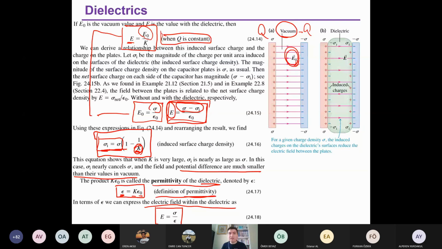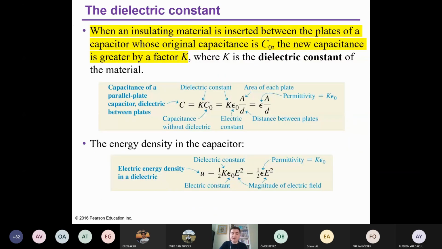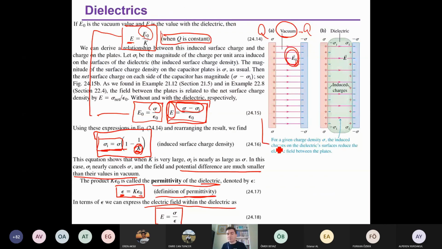Finally, what about the capacitance? Just consider that the capacitance of this capacitor is C0 when we have vacuum between the plates. When we insert a dielectric material, then the capacitance will be C like this. And what about the relation in between? We have this relation.